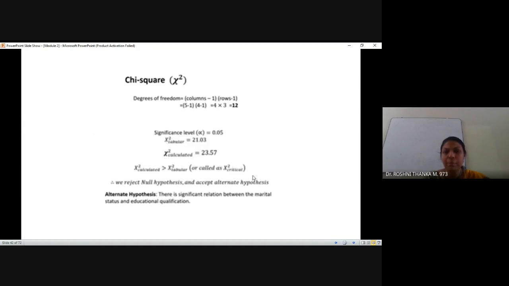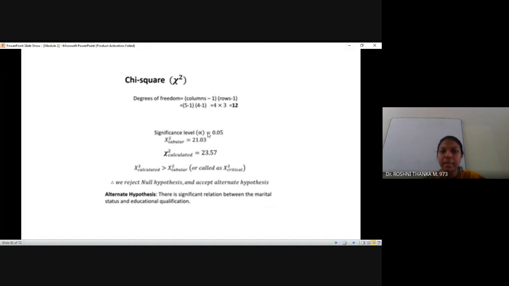And then we have to compare these two values, the distribution value which we got from the table and the value which we calculated. The calculated value is 23.57, but from this table we got 21.03. So the calculated value is more than the value from the chi-square distribution table.